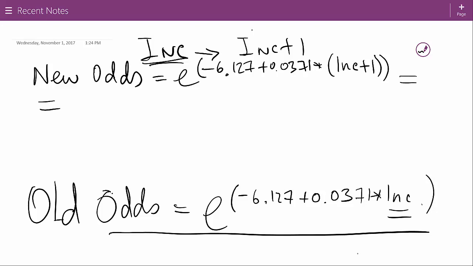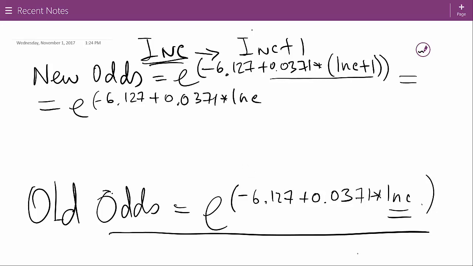So here, e to the power minus 6.127 plus, I'm going to open up this expression, 0.0371 times my old level of income, before the raise, whatever it was, plus I get an extra 0.0371 because of this 1 right here, agree?